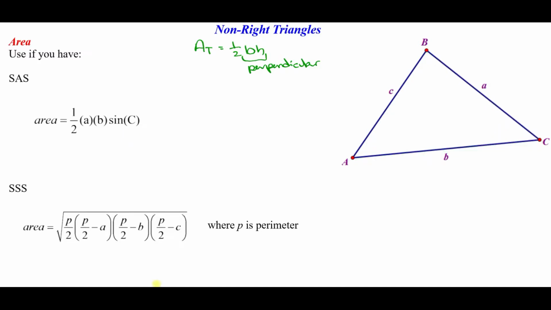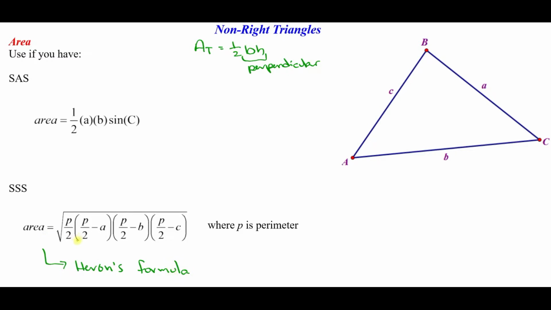If instead I have all three side lengths, then we can use this other area formula, which is referred to as Heron's formula. I'm not going to ask you to be able to name that, but you will see it sometimes, particularly in the MyMathLab problems. They'll tell you to use Heron's formula.